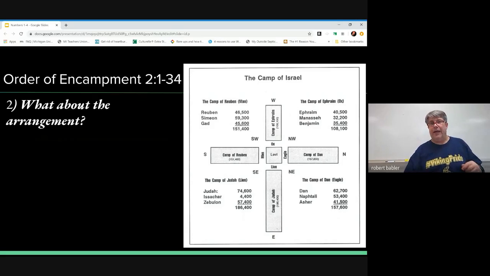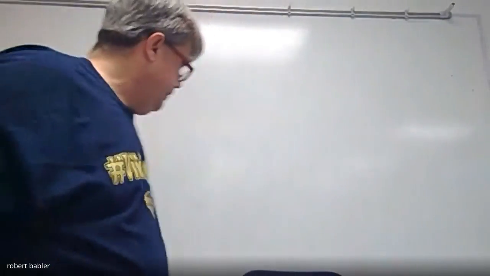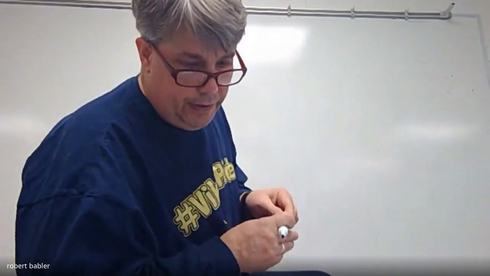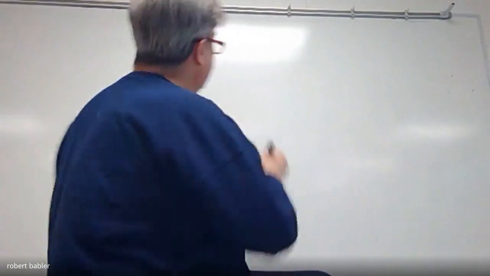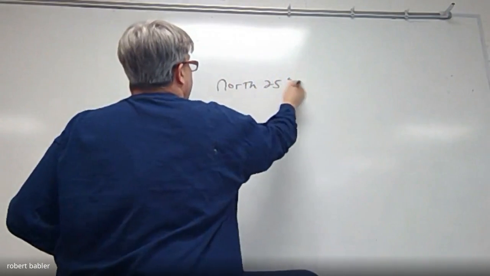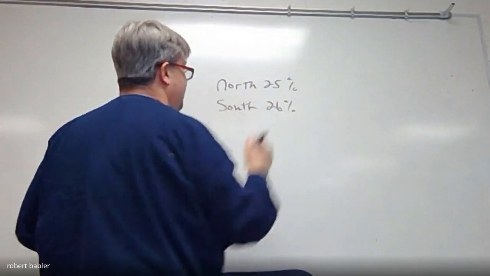So if you look at it in terms of north and south, and I'm going to go ahead and get on the whiteboard here. So let me just make sure that I got it. If you look at the north and the south here, I've got north being 25%, and south, again, without checking my numbers, I'm just going to take a quick guess here.